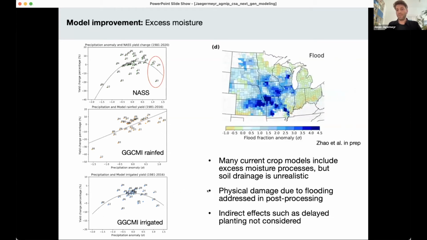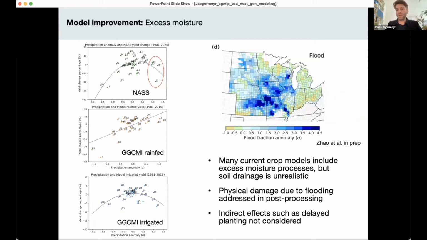Another way to improve on the modeling response is to bring in a flooding map that can address the physical damage to crops in post-processing. So we're collaborating with colleagues who run flood models to bring in the data and then mask out certain areas that were exposed to flooding during the growing season. And then an indirect component is through planting dates.